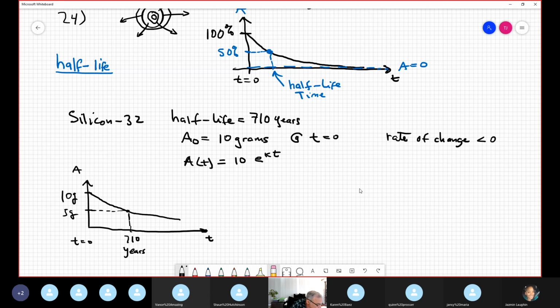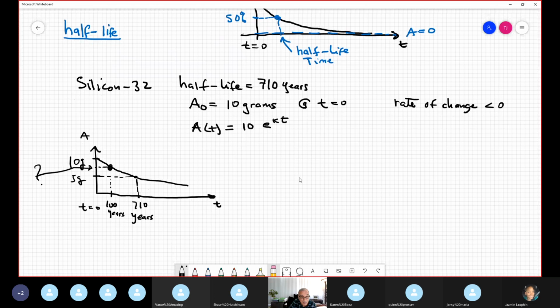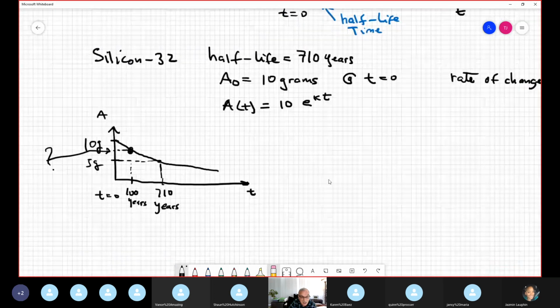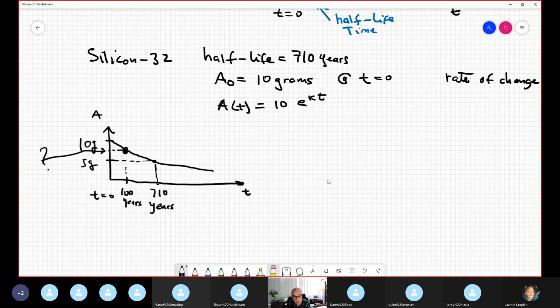I want to know how much will be present in 100 years. Okay, 100 years, I suppose that here I have this information of the time. I need to know how many grams. This is the thing I try to find, this question mark. Do you understand this idea very well? In my opinion, this is the most complicated part. I understand exactly what we are looking for.